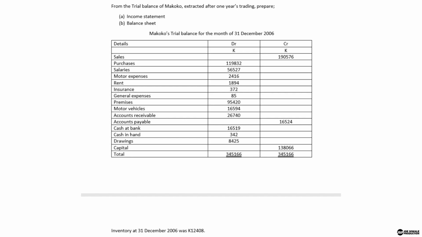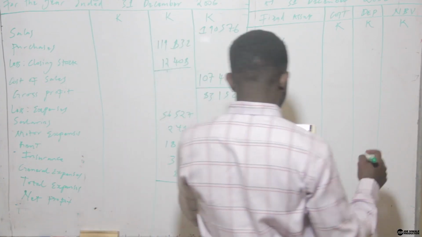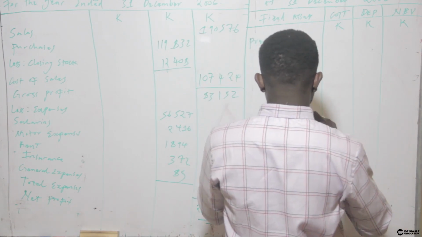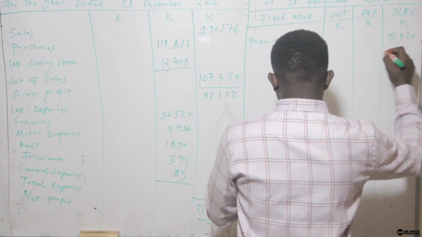So to identify our fixed assets in the question, let us identify the fixed assets. So what are we having? The fixed assets that we are having are premises and motor vehicles. So we are going to say premises. And since we don't have any depreciation, this amount is going to be recorded in the net book value column. So that's 95,420.